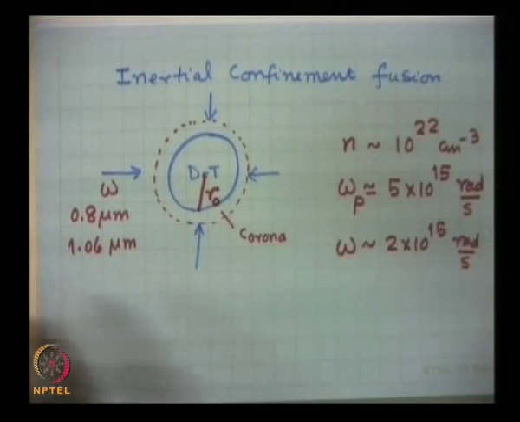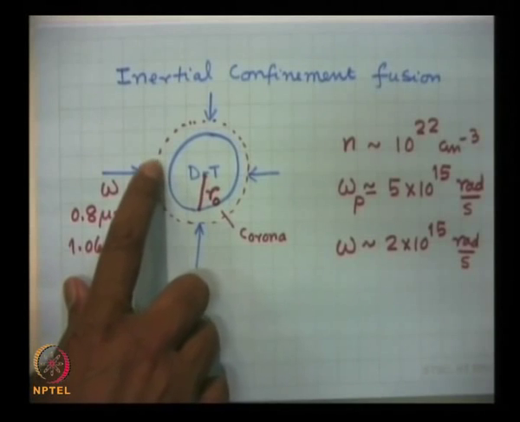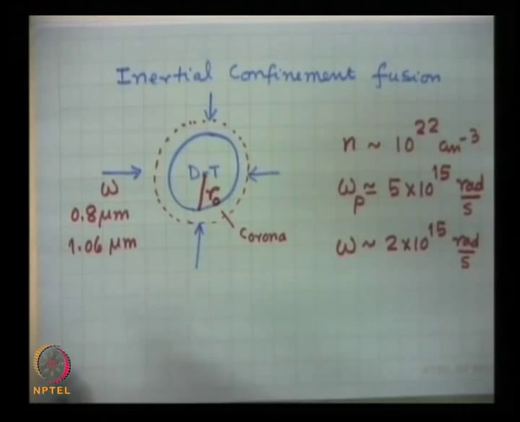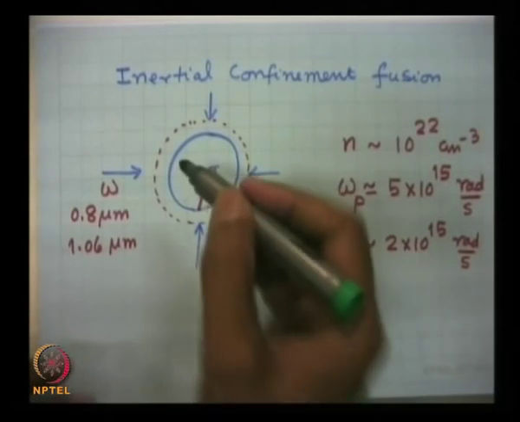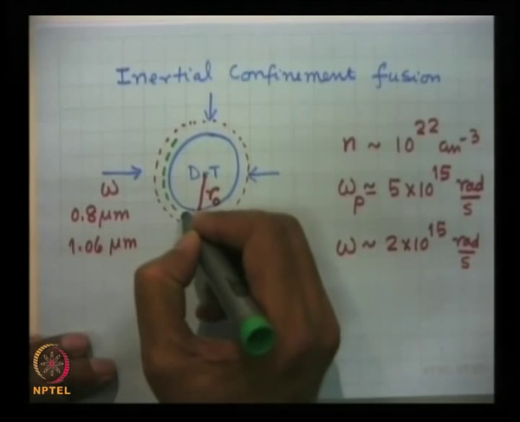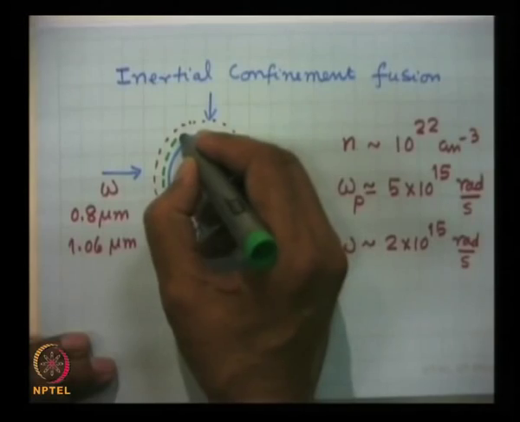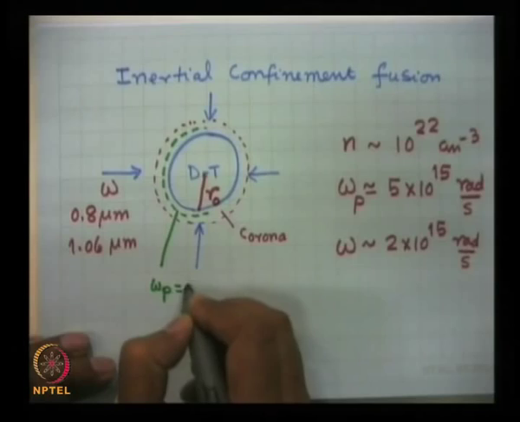Well, the physics of this process we shall discuss in detail later, but it would suffice to say here that the hot plasma which is created outside, part of it will be transparent to the laser and part of it will not be, because there will be some layer here at which omega p is equal to omega.